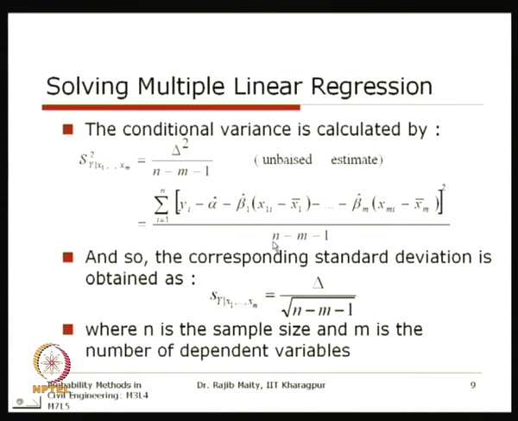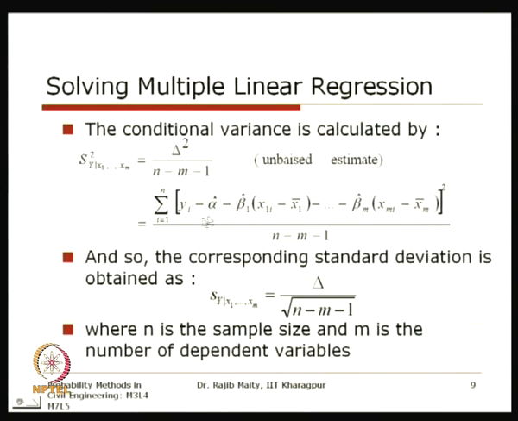So, this is an unbiased estimate, and we have already discussed that for an unbiased estimate, the degrees of freedom that are lost should be reduced. So, here you see n minus m. There are m estimates, for x 1 bar, x 2 bar up to x m bar, so m degrees of freedom are lost here.